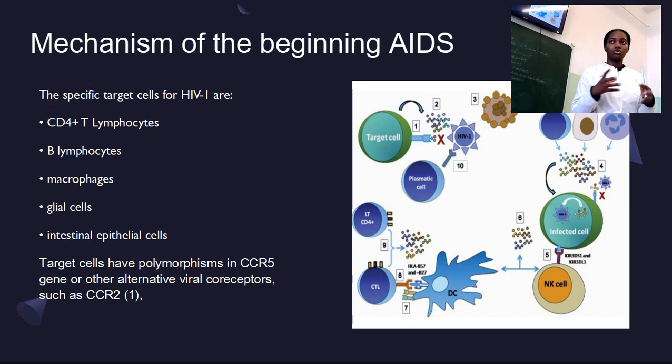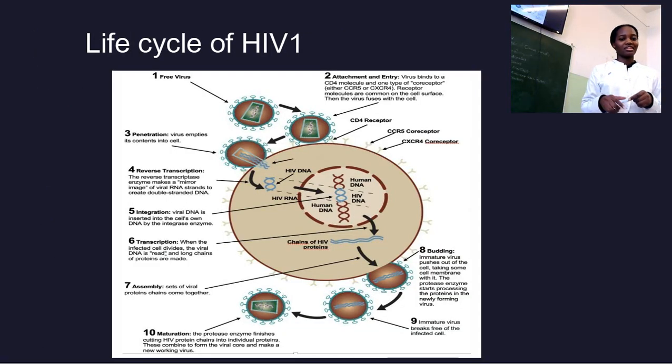So they basically control everything. They're like our mini brain for immune deficiency. So what happens is the target cells have polymorphisms, like in the CCR5 gene or other alternative viral co-receptors such as CCR2. And I'll explain the mechanism on the next slide.